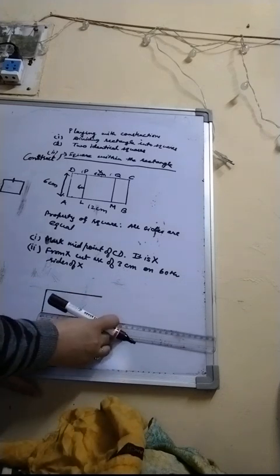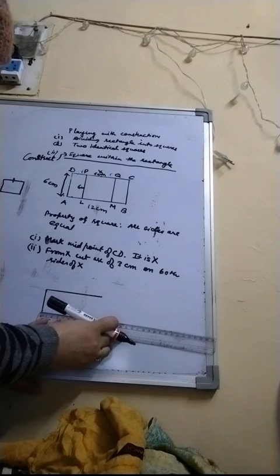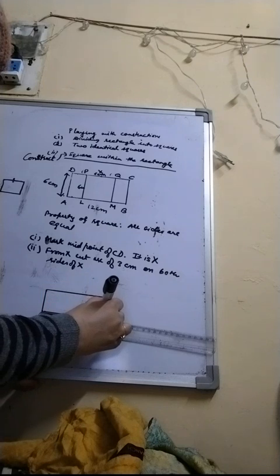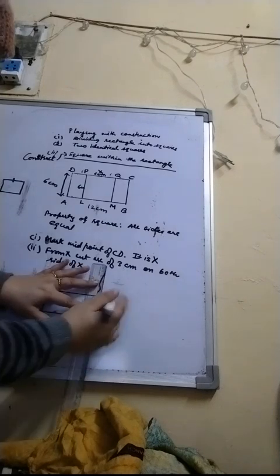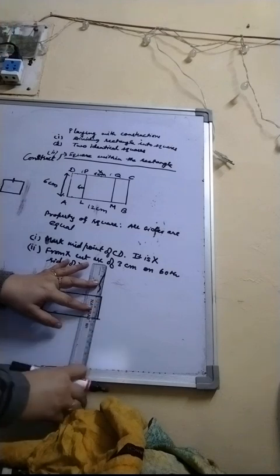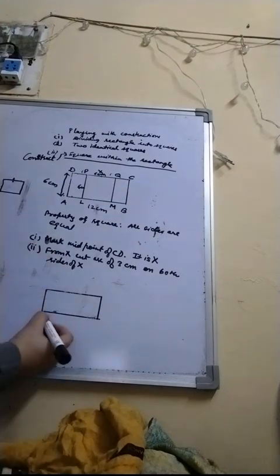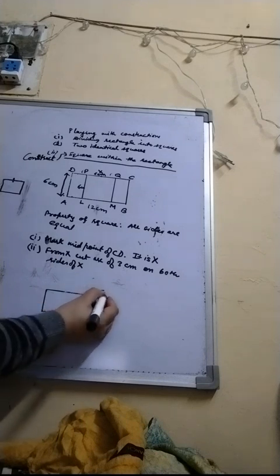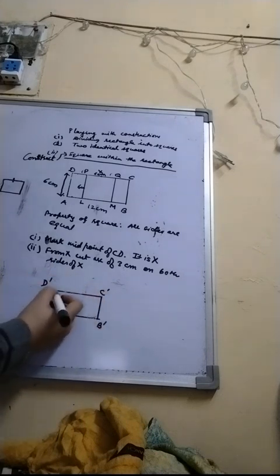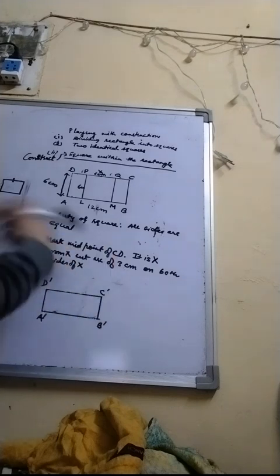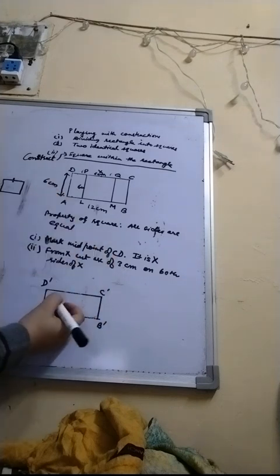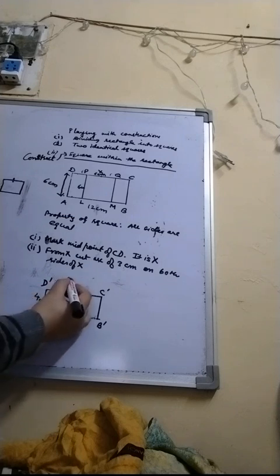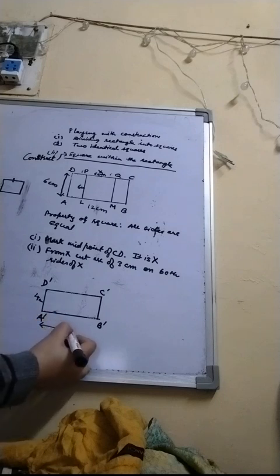This is for practice. Naming can be anything: A dash, B dash, C dash, D dash, clockwise or anti-clockwise. This is anti-clockwise. Now this is 4 centimeter and this whole is 10 centimeter.